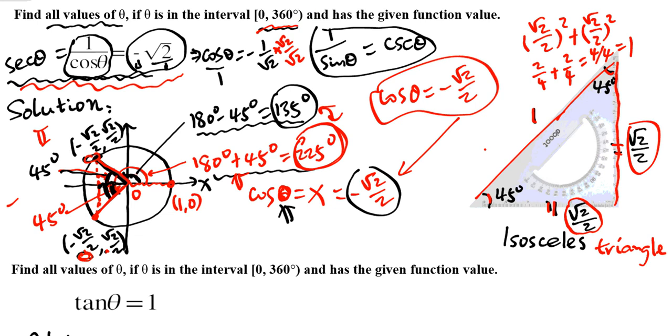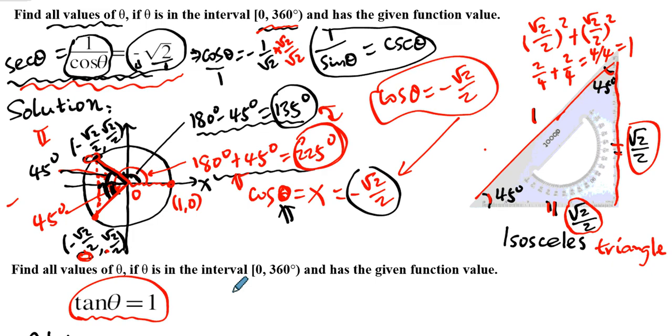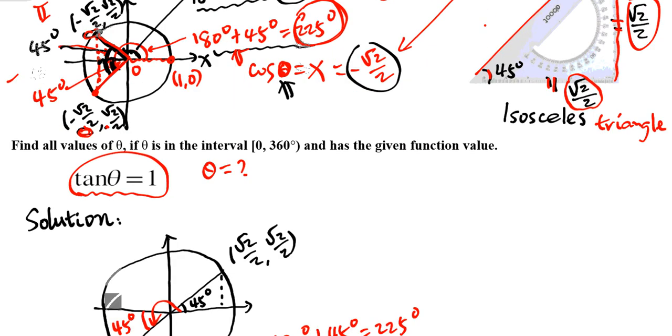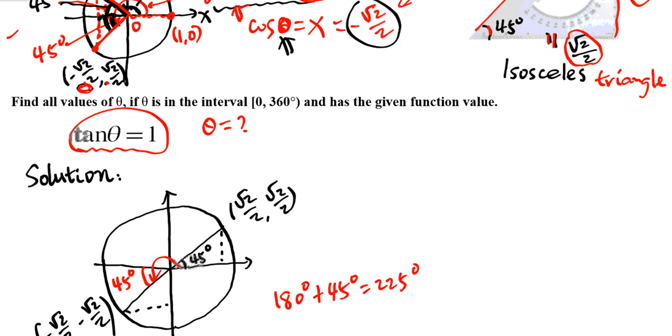Now, how about the second one? The second one is, if we are given tangent theta is 1, what's the value for theta? Of course, there is a value here. Let me get the picture right here.